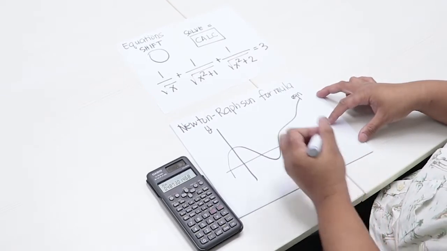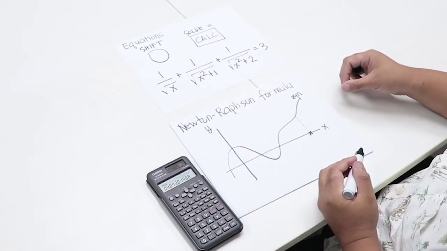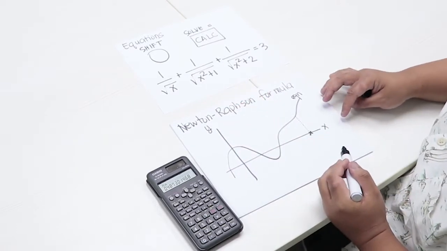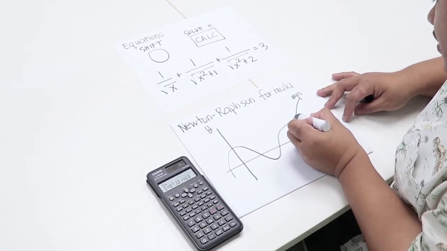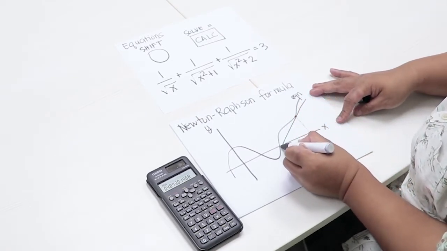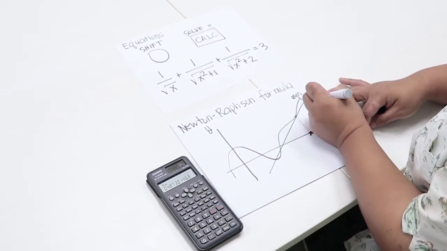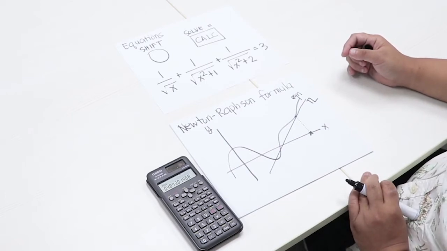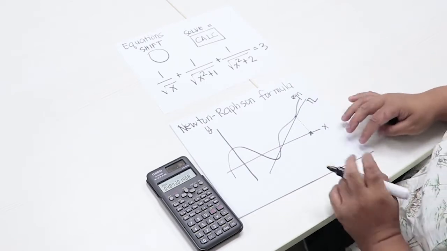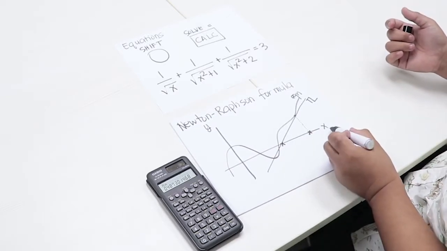So you project this upward, and then gagawa siya ng tangent line dito sa graph ng equation natin. So this is your tangent line. Now, makikita nyo, this tangent line intersects at a second point dun sa x-axis natin.